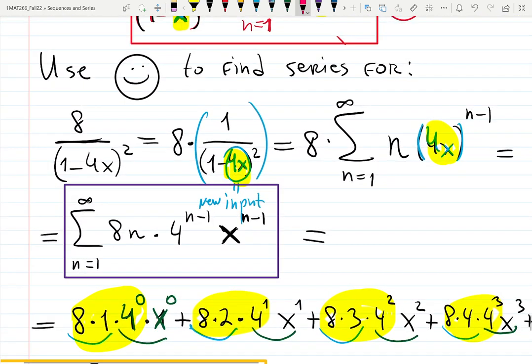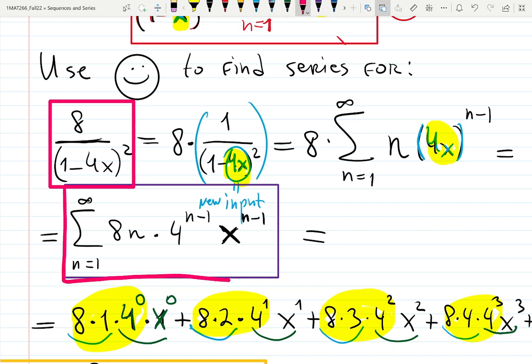This is the series. We are putting an equal sign between the function 8 over 1 minus 4x squared and this series, sum of 8n 4n minus 1 x minus 1. This happens for all x between -1/4 and 1/4, which means if I try x equals 10, it blows up.